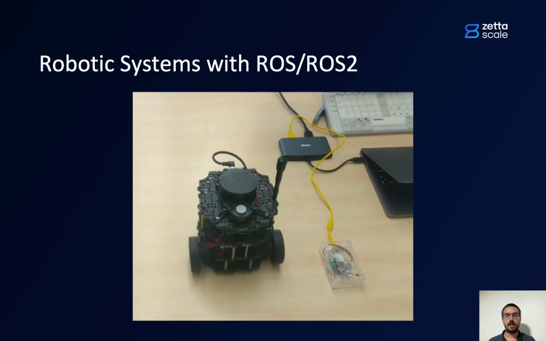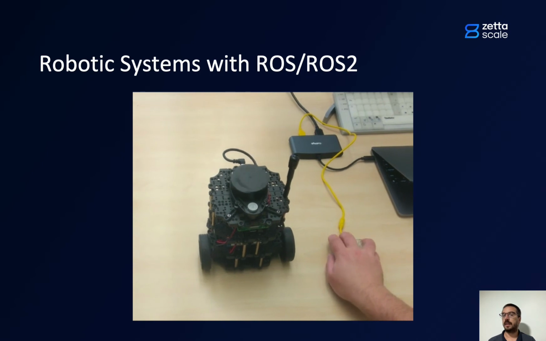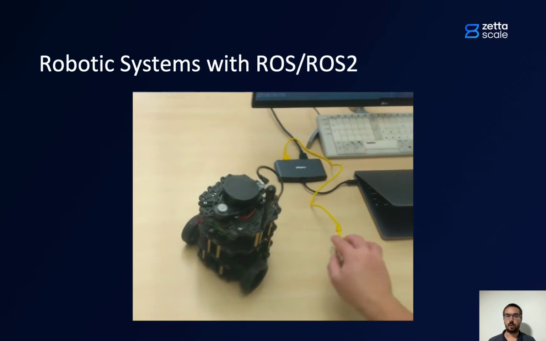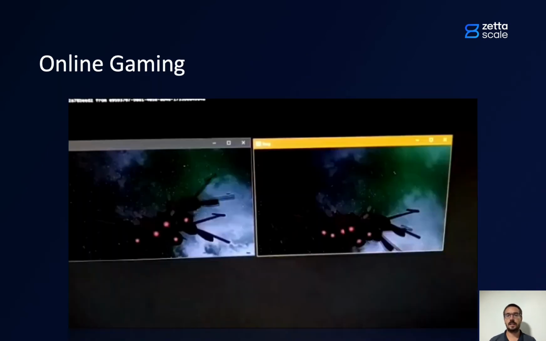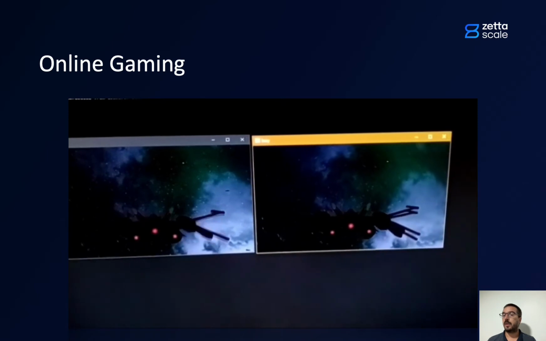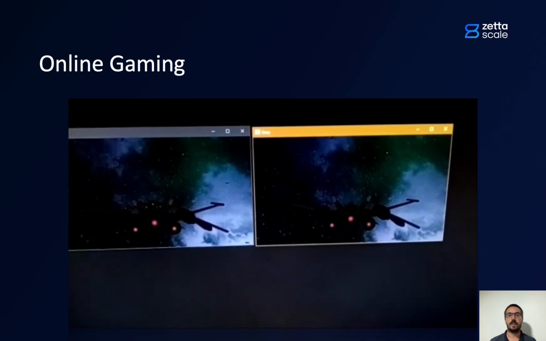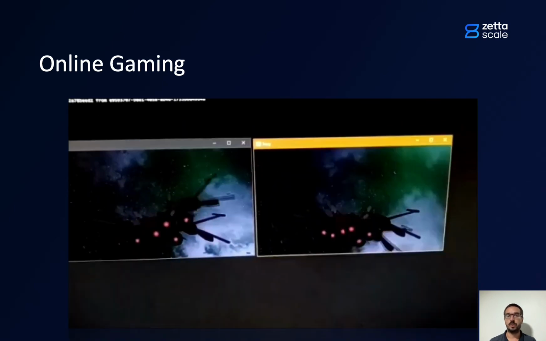Zenoh is also being used in robotics, and we are in very close collaboration with the Rust community to support Zenoh as part of their ecosystem. And one last example, coming from our community, where we are already finding several initiatives for using Zenoh as part of the network engine for games. We also have here the example of where Zenoh is being used for online gaming.